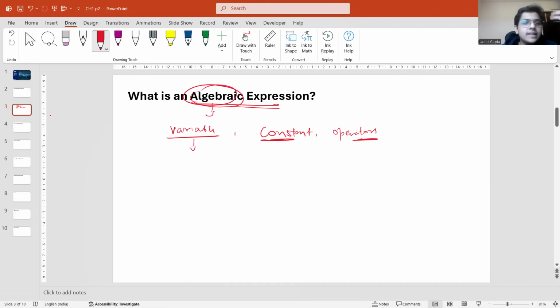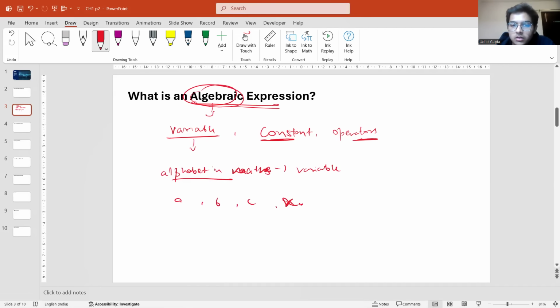What are these variable terms? Any kind of alphabet in maths, A, B, C, D, can be a variable. Let's say A, B, C, X, Y, Z, any of these that take any value. They take up any value, and that's why they are called variables.